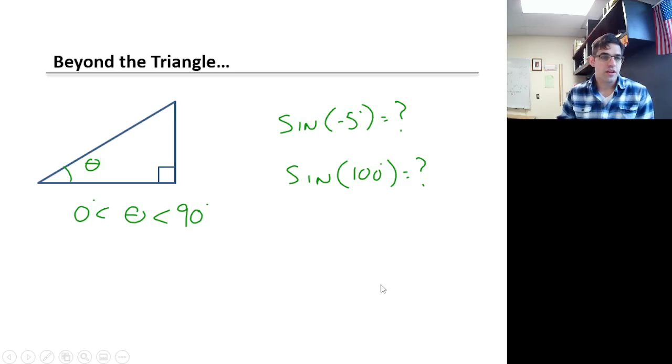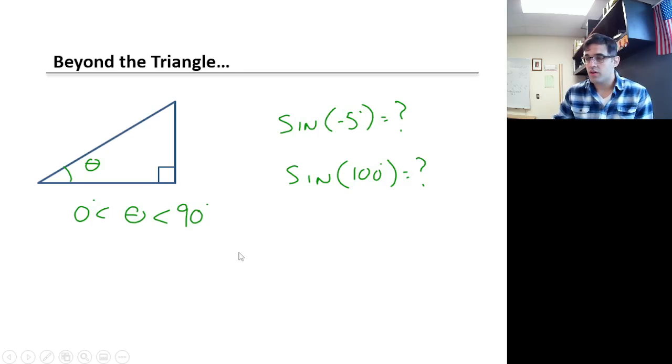So an angle of 0 would not really make sense as an angle measure of a triangle. And if I had an angle of 90 or greater, well, if this is 90 degrees right here, theta can't also be 90 degrees, because that would be two right angles, which doesn't make a triangle. Anything greater than 90 would just also not be a triangle.